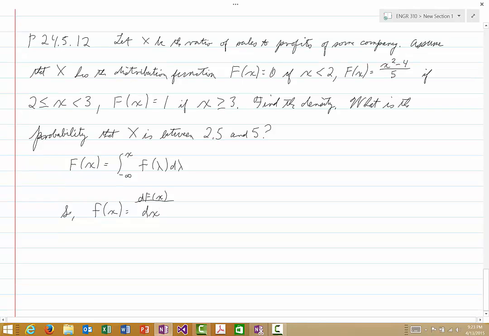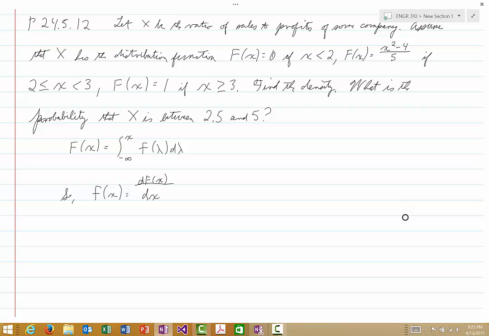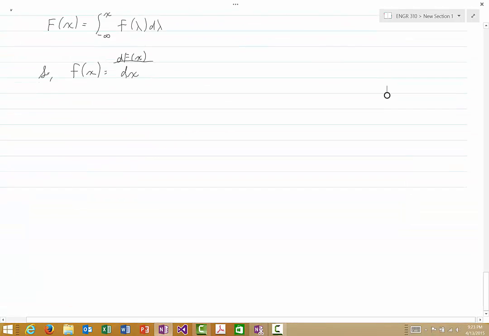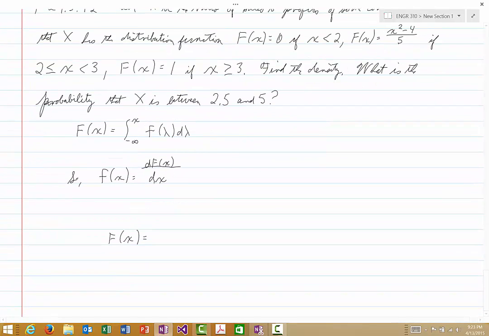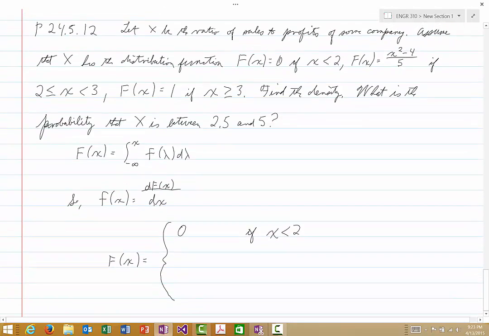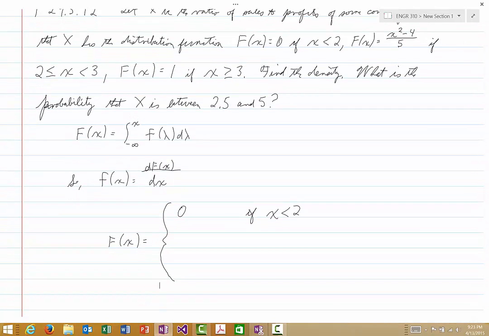So, summarizing what is given in the statement of the problem, we know that if x is less than 2, then capital F of x is equal to 0.